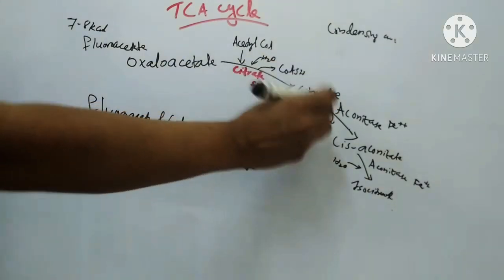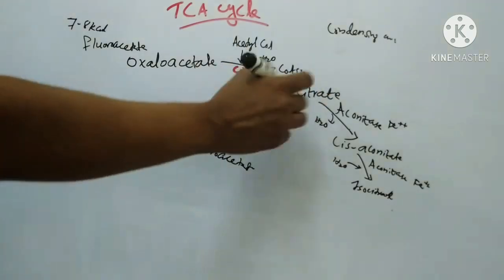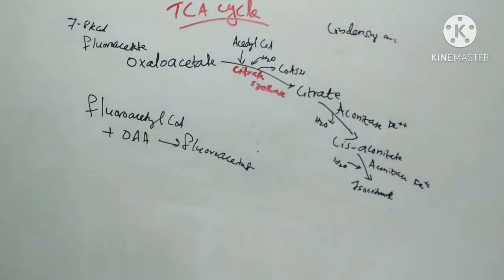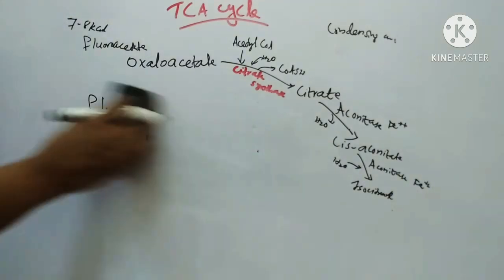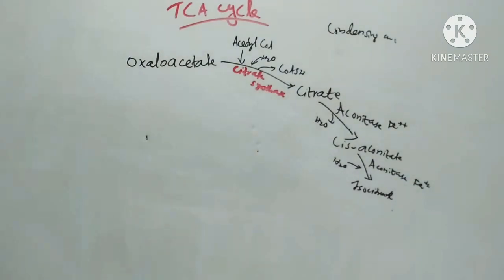This in turn inhibits the enzyme aconitase and allows citrate to accumulate. Here also no ATP is formed at this stage. That is stage 1. Then next is stage 2.